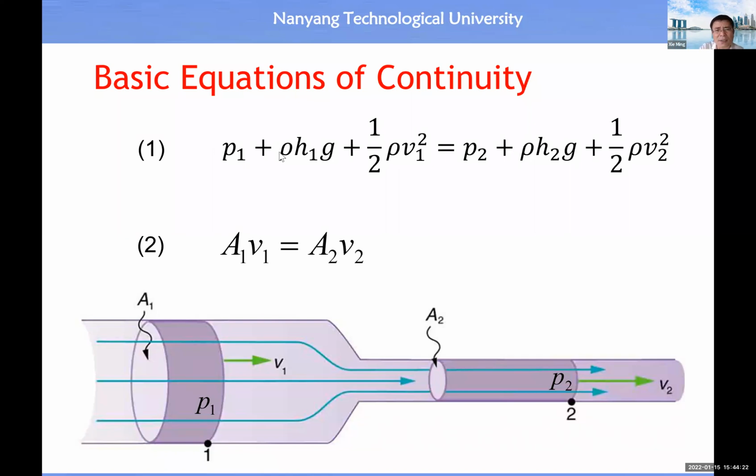The sum of these three terms more or less corresponds to energy, because pressure is something like a force. So you can imagine this is work done by the force, this is potential energy, this is kinetic energy. That means there's energy conservation. So it means the level of energy is continuous everywhere inside the fluid system, right?